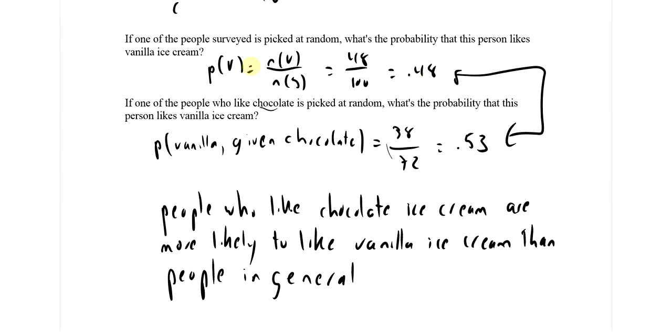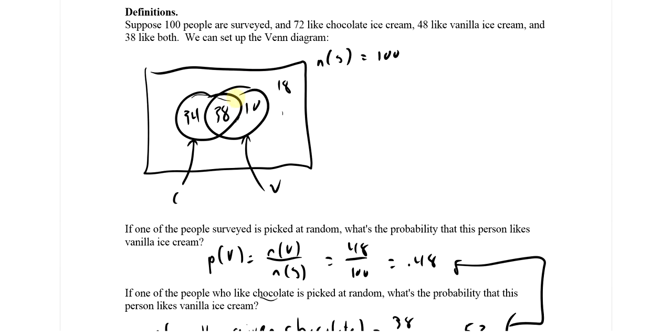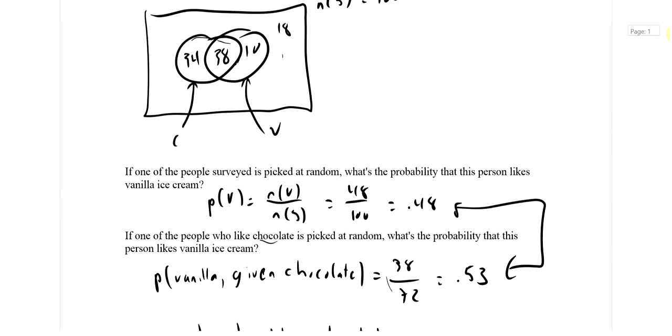So if you restrict your sample size from the whole 100 to these 72, the probability that you like vanilla goes up.